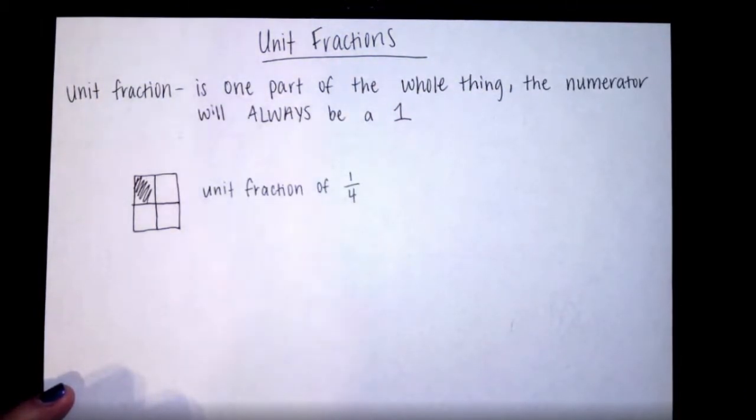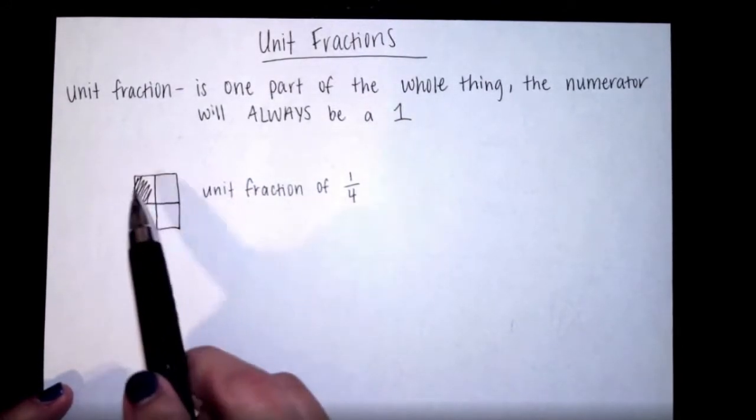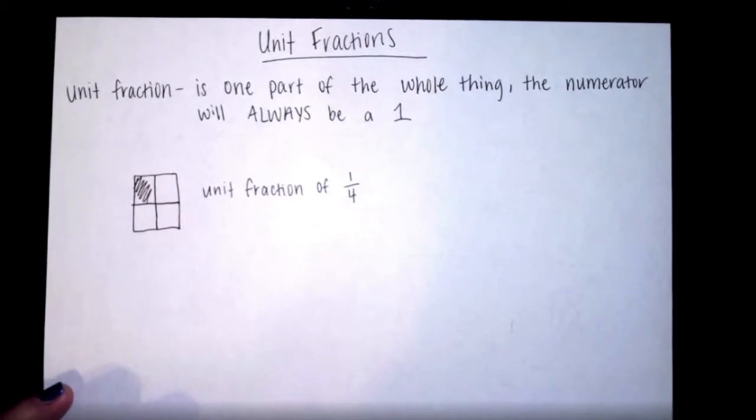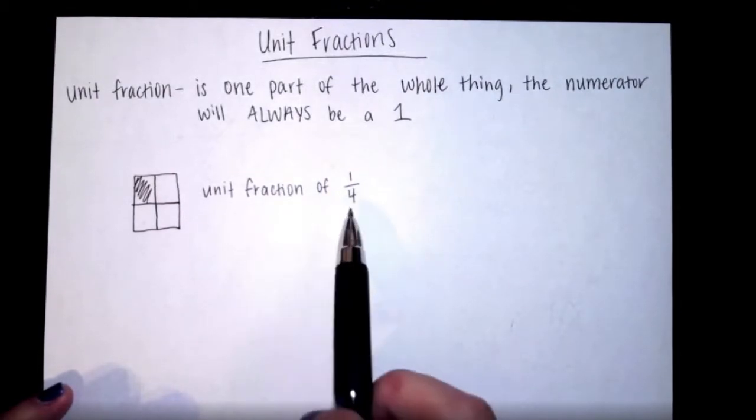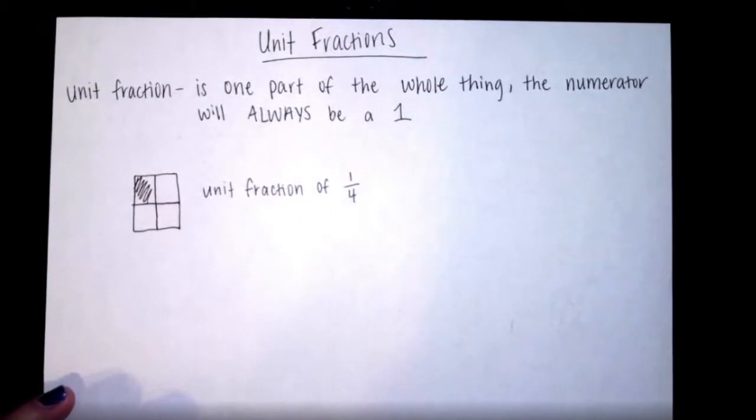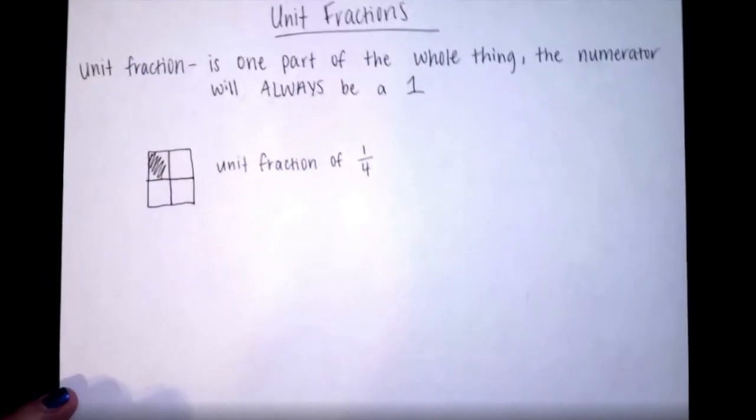I know that because, just like we learned yesterday, our denominator comes from the parts that the shape is divided into. So I know there are 4 parts, and I know that one of them is shaded. So that's why we have a unit fraction of 1/4 for this shape.